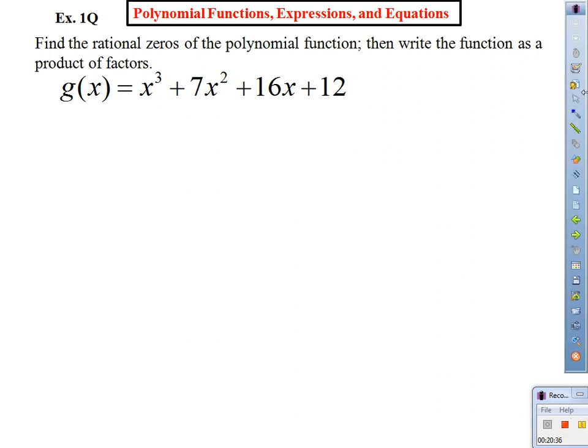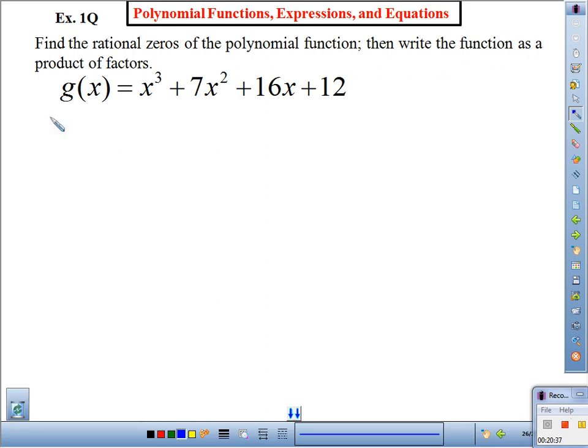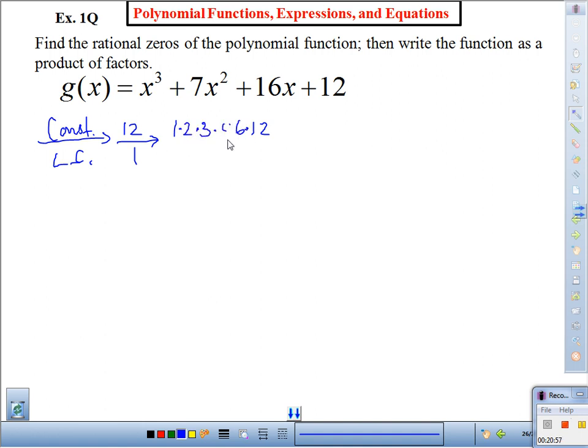What do we start with, everyone? Constant and the leading coefficient. So what is our constant? 12. What is our leading coefficient? 1. Factors of 12: 1 times 12, 2 times 6, 3 times 4. And all that over 1.